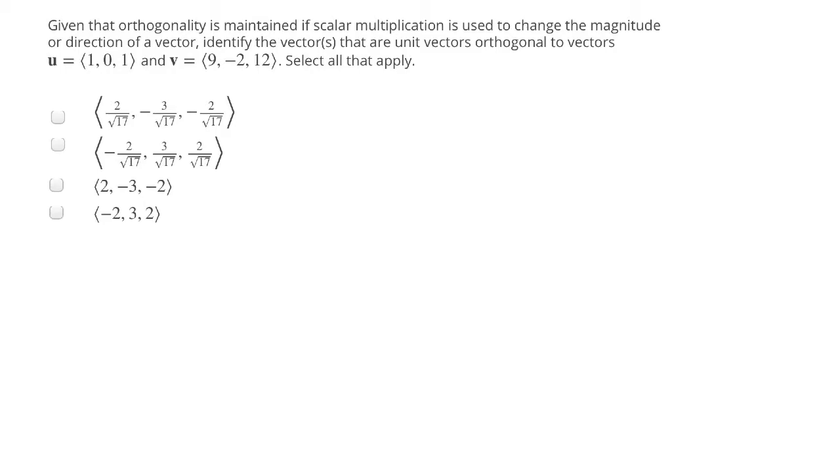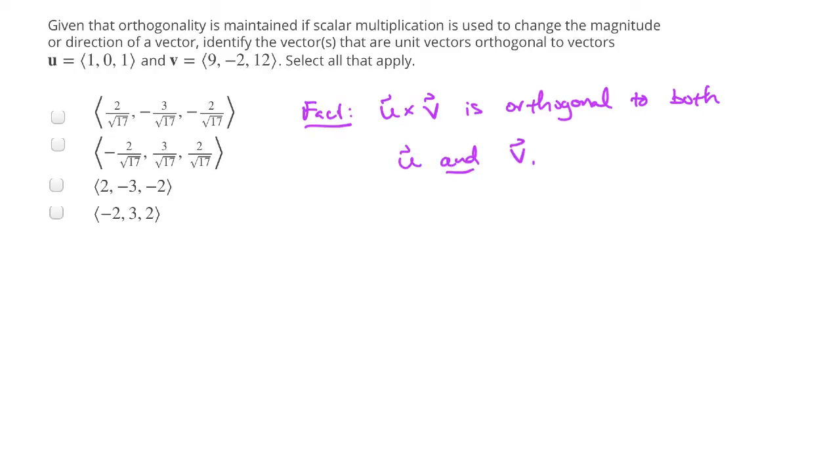If we want a vector that's orthogonal to both of them, then that will be the cross product, because one of our important facts is that u cross v is orthogonal to both u and to v. So by computing the cross product, we can see what kind of vectors we have.